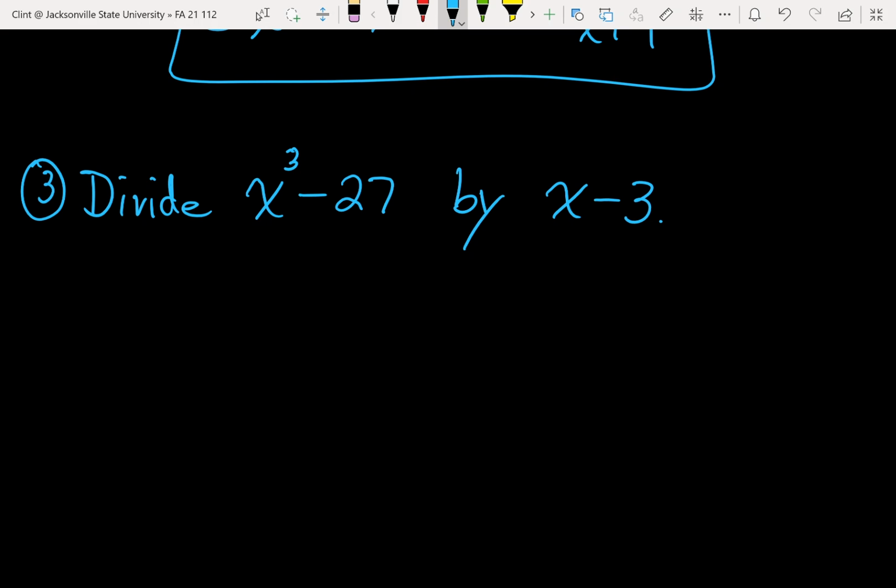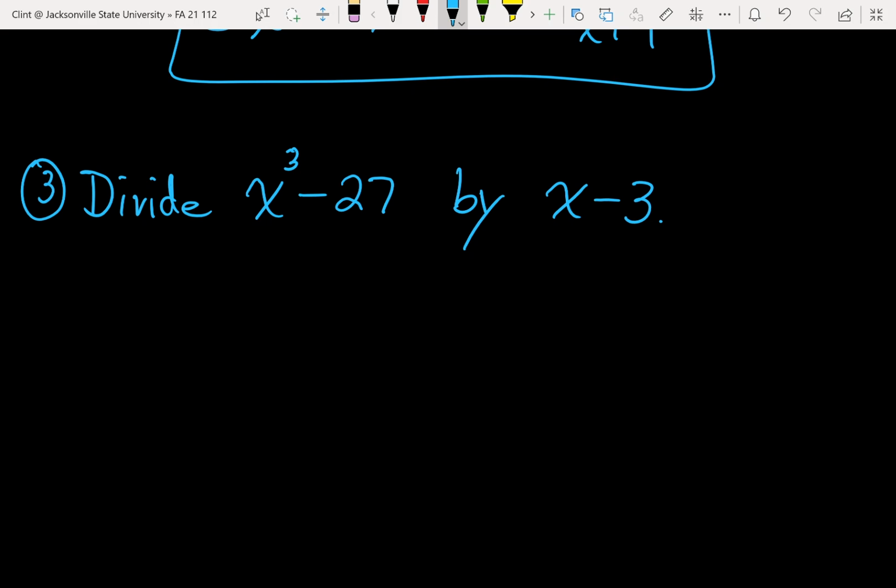So we'll go from x cubed all the way down to our constant term. So, do you want to do long division or synthetic? Synthetic, okay. Yeah, we'll do synthetic then.